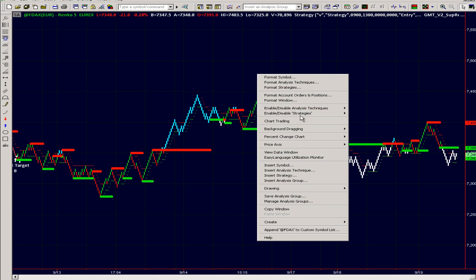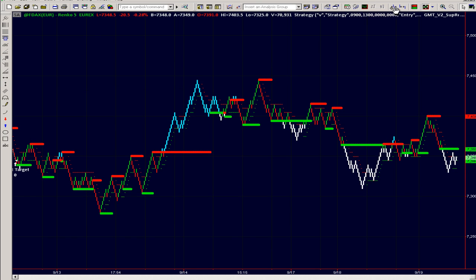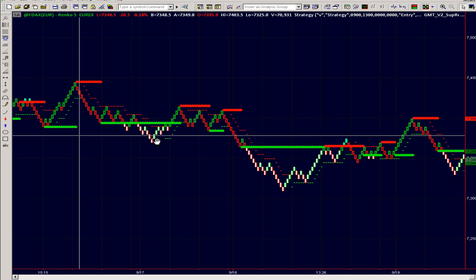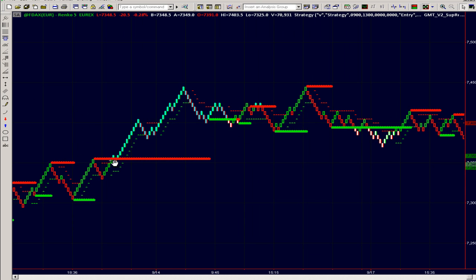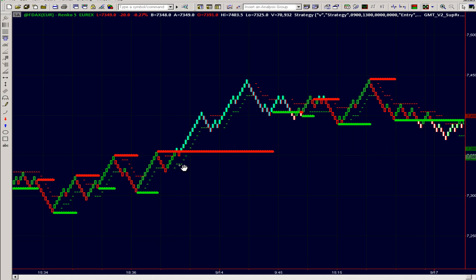I could see that with my back testing, and the only reason I worked this out was because I spent hours and hours testing this. I found the DAX was a really good market: if it didn't go for more than 8 points, it usually didn't go. It would just break and then come back.